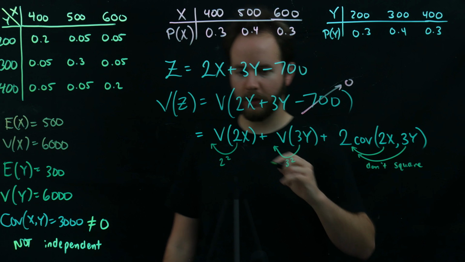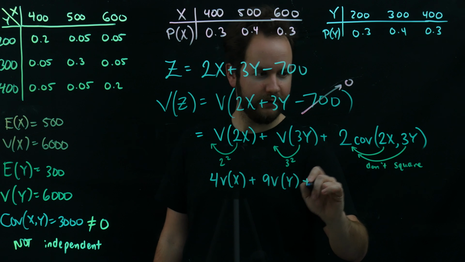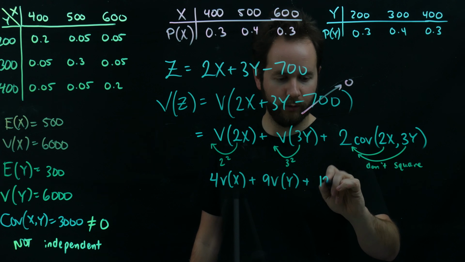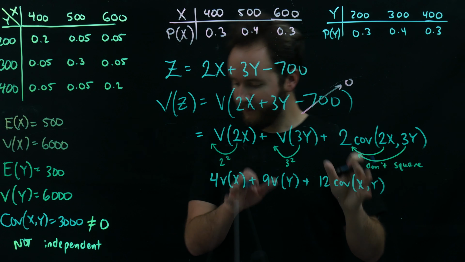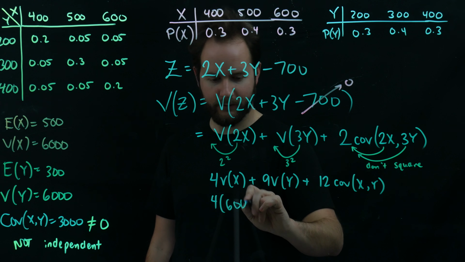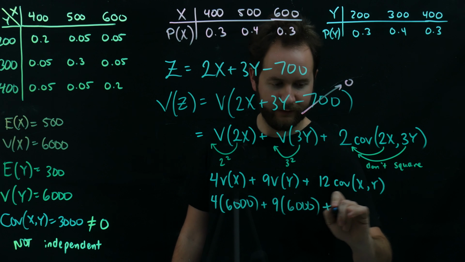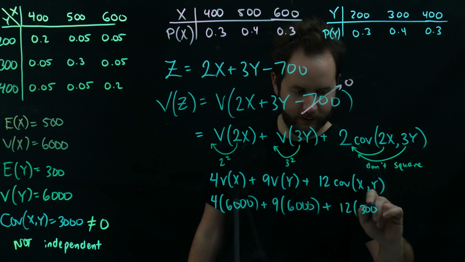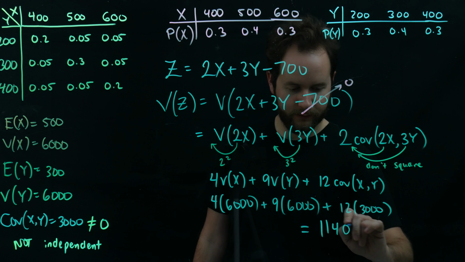Okay, so what we end up with is 4 variance of x plus 9 variance of y plus 2 times 2 times 3, which is 12, covariance of x comma y. These are all values we have in the table off to the left. So we have 4 times 6,000 plus 9 times 6,000 plus 12 times 3,000. And this all comes out to be 114,000 even.